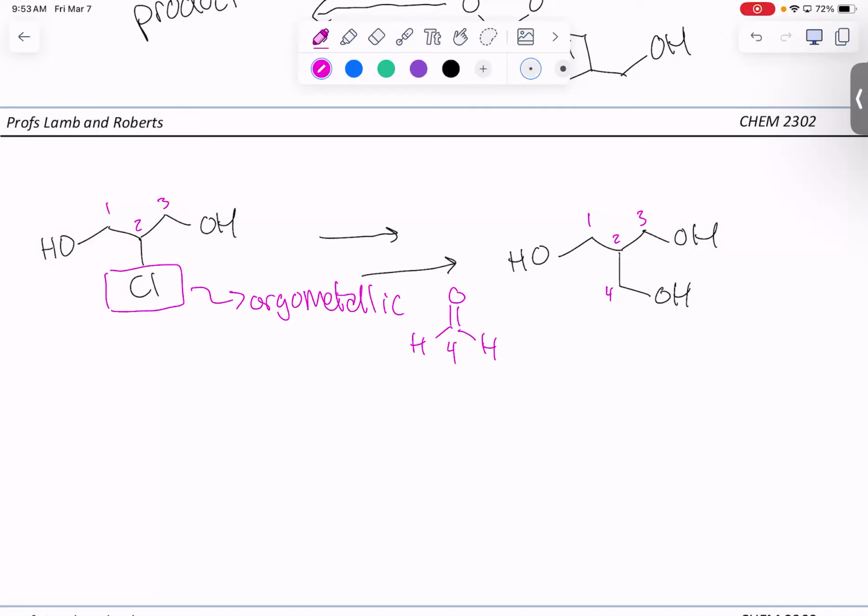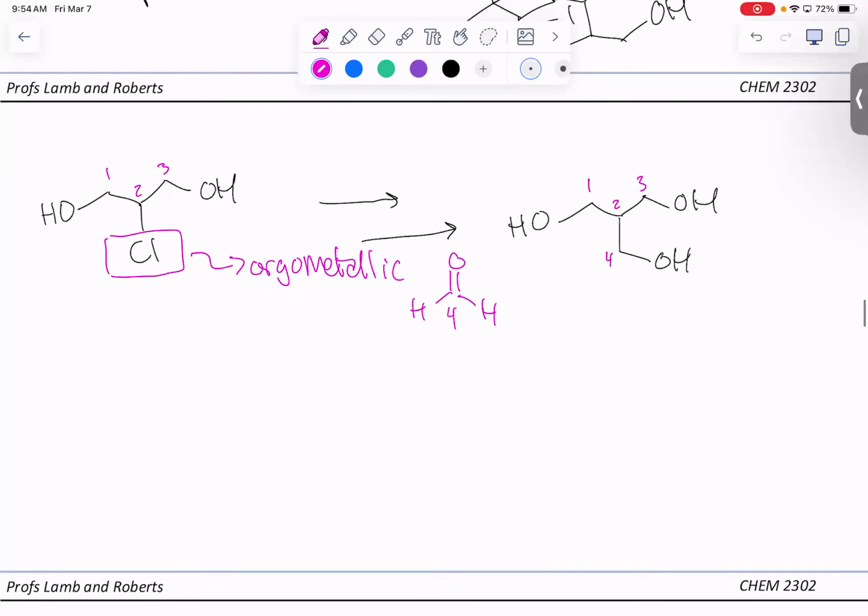But we cannot make that into an organometallic reagent with those free alcohols, because we know organometallic reagents react with alcohols. So instead of doing the desired reaction, you would just deprotonate your alcohol.